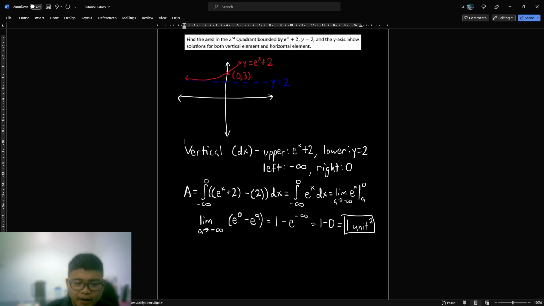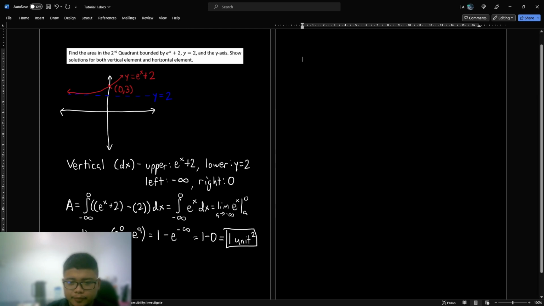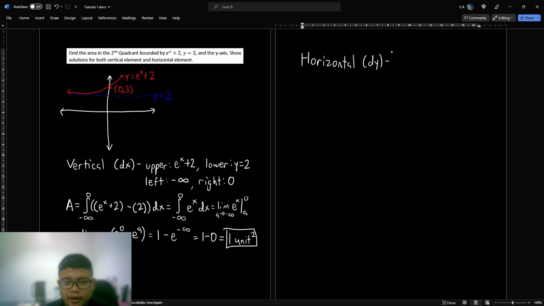Let us now provide the solution for the horizontal element, or the dy. For dy, our rightmost would be x equals 0, or the y-axis.